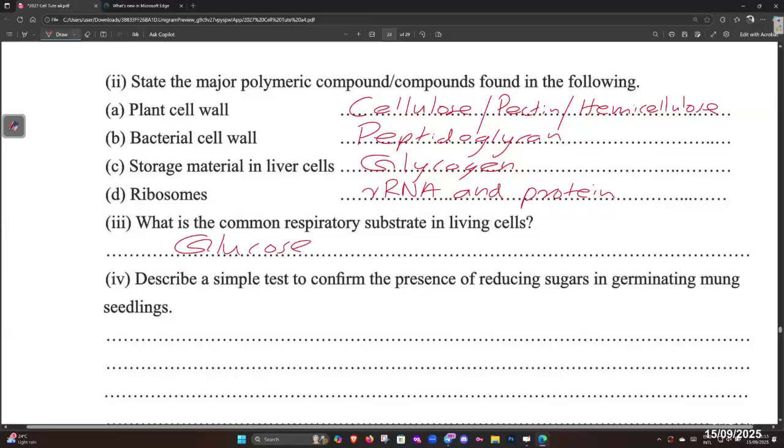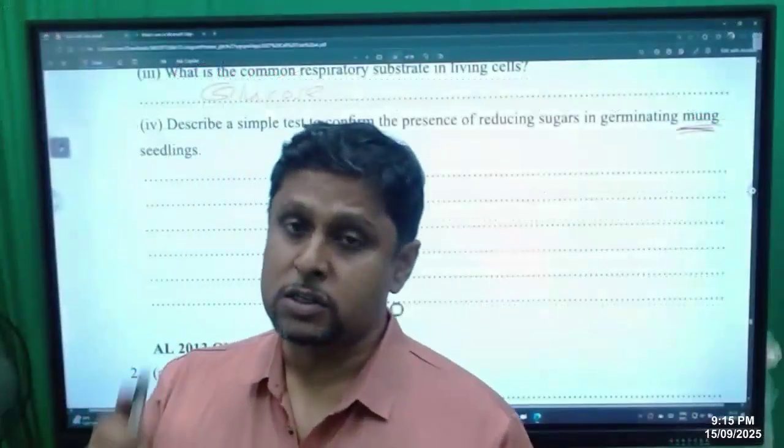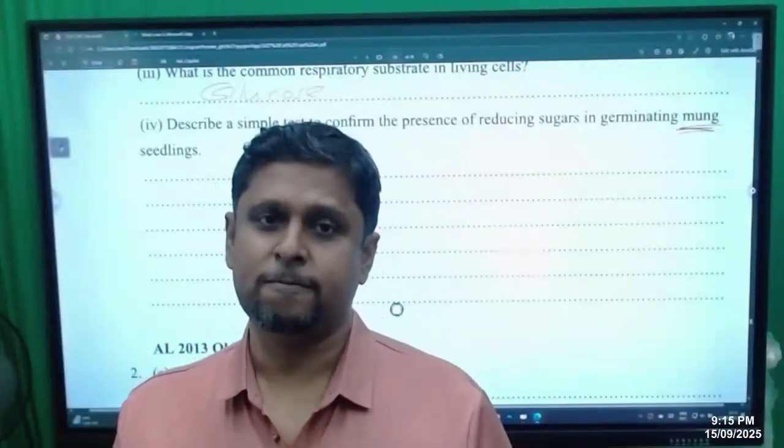That is glucose. Describe the simple test to confirm the presence of reducing sugars in germinating mung seeds. Now, this is not a cell structure function question.